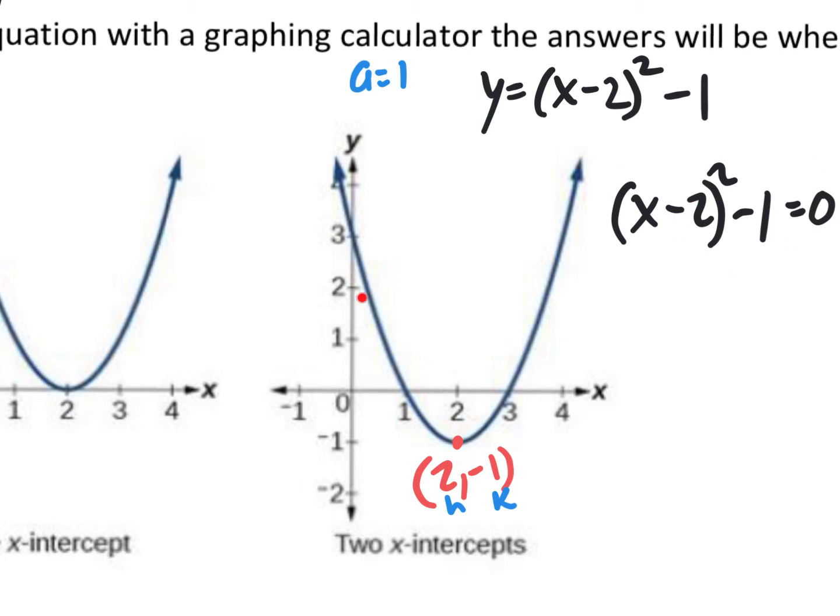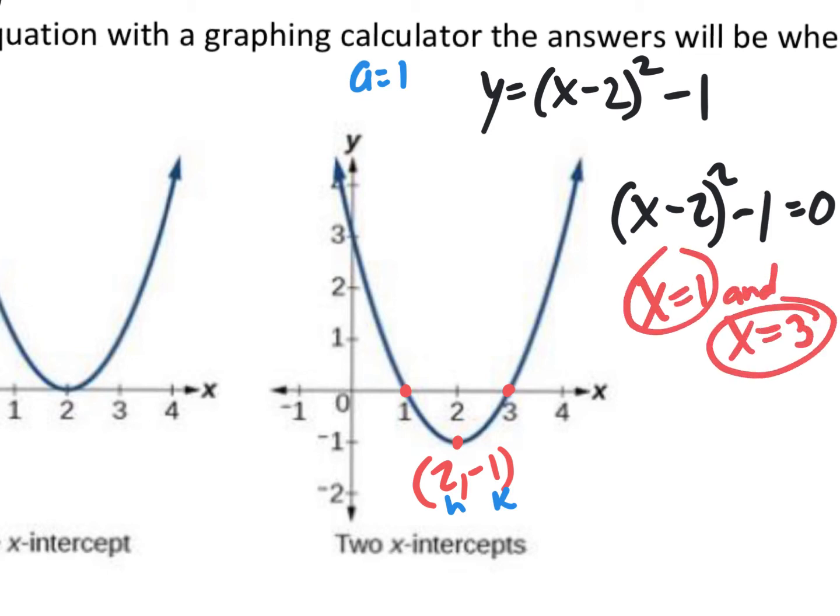But if you already have the graph of the parabola and they tell you to solve it, what they're really asking you for is the x-intercepts. And the x-intercepts are clearly right here and right there. So what are those x-intercepts? 1 and 3. And that means that your answers to this equation are x equals 1 and x equals 3.